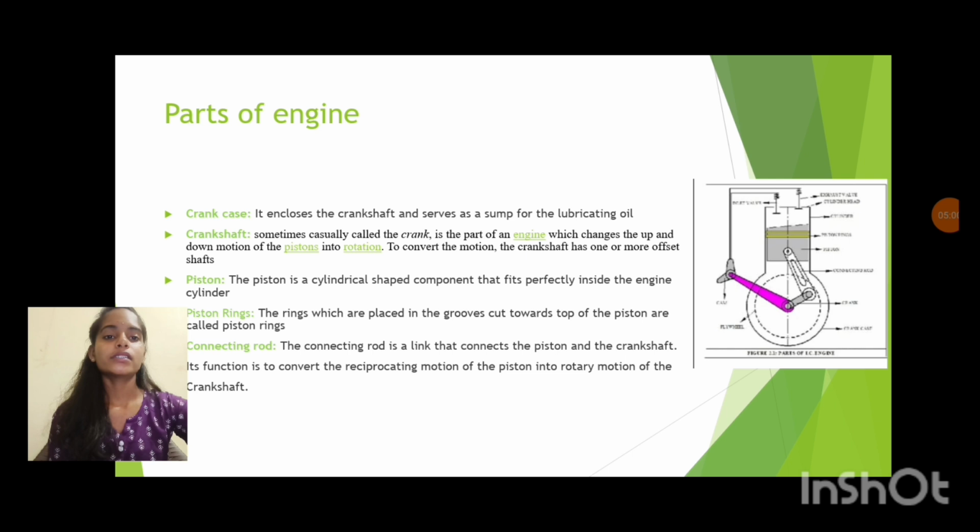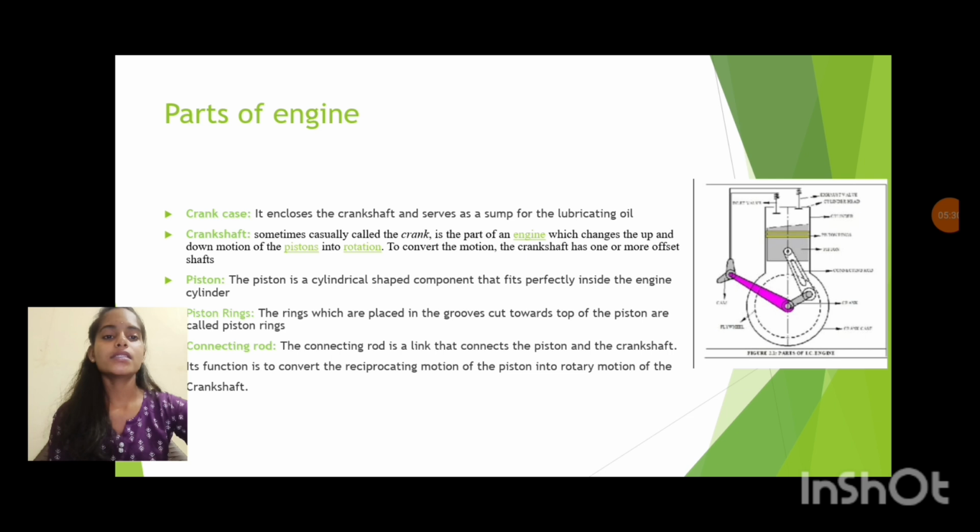Crankcase: it encloses the crankshaft and serves as a sump for the lubricating oil. Crankshaft, sometimes casually called the crank, is the part of an engine which changes the up and down motion of the piston into rotation. To convert the motion, the crankshaft has one or more offset shafts.